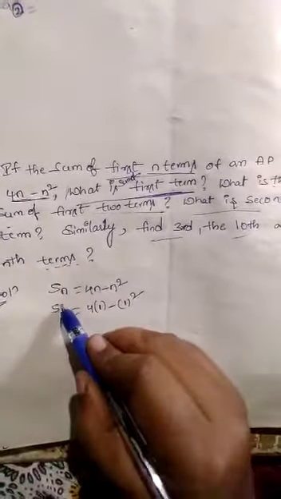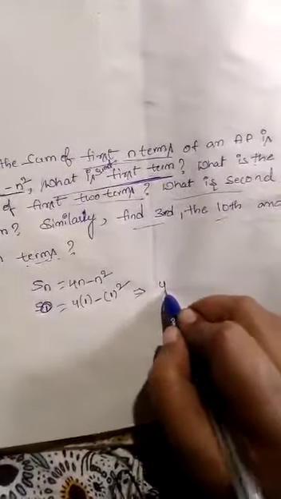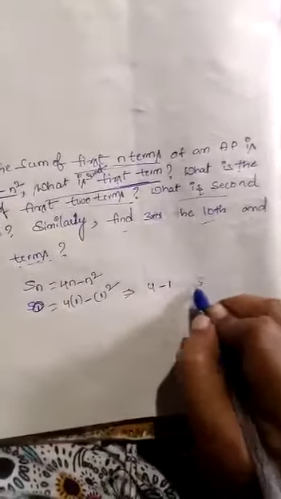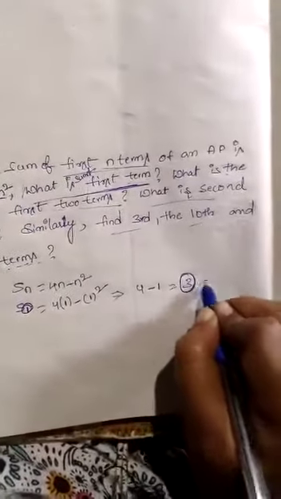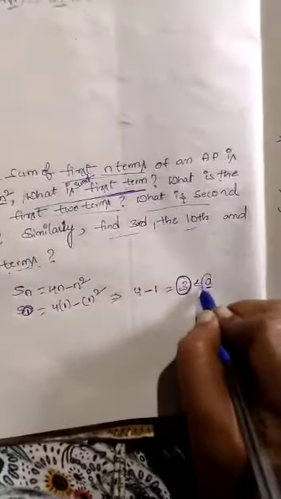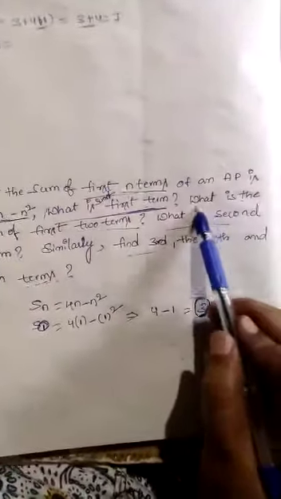Here we take n equal to 1. 4 into 1 is 4, minus 1 square, 1, which is equal to 3. This sum of the first term is nothing but A. The first term is 3.